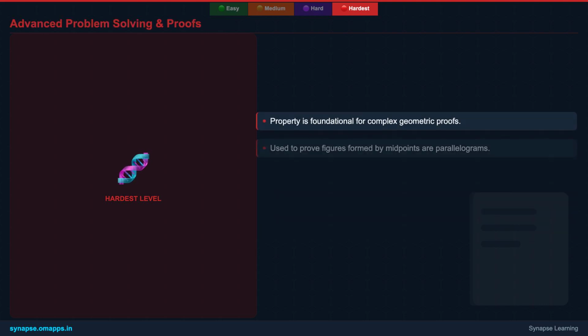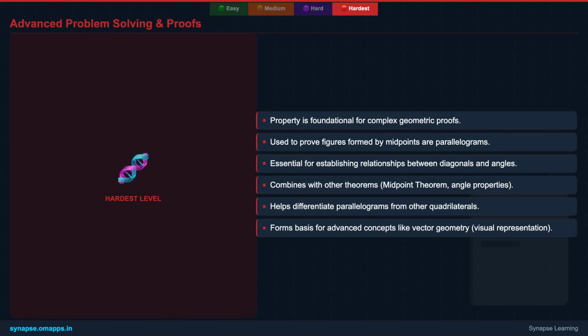This property isn't just theoretical, it's the backbone of many engineering designs and everyday mechanisms. Think about a pantograph, used to scale drawings. It's a system of hinged rods forming a parallelogram, ensuring that as you trace, the drawing point moves proportionally.